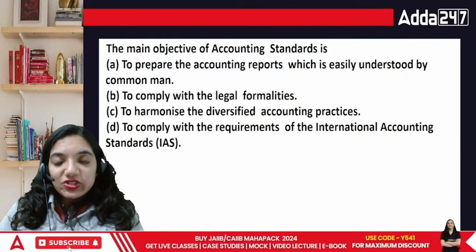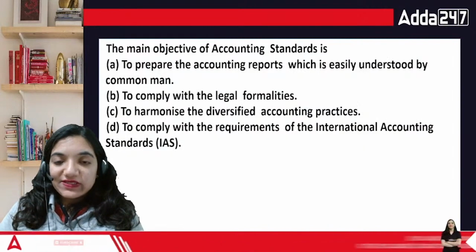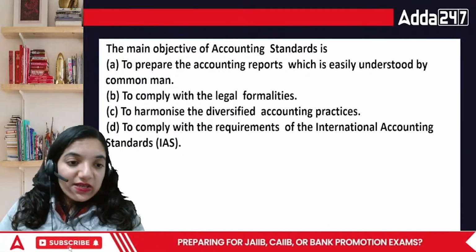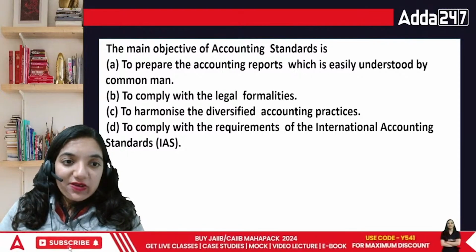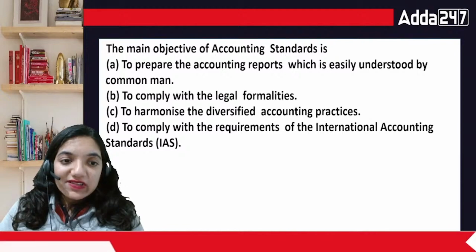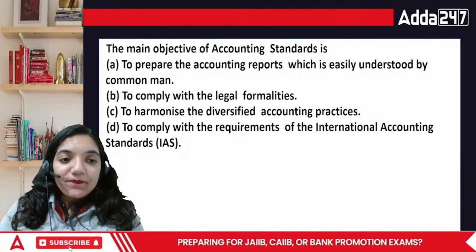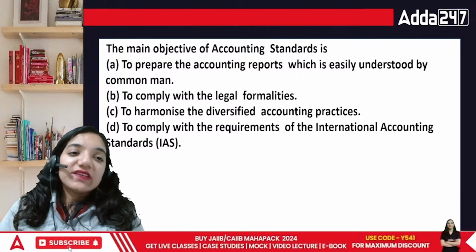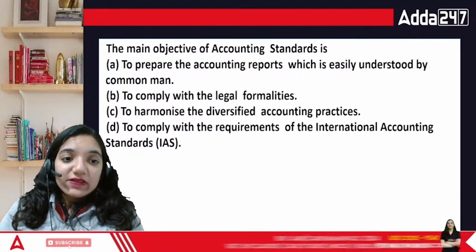Here comes the first question, everyone. This is a question related to the accounting standards. The main objective of the accounting standards is, why do we look forward towards accounting standards, everyone? There's a strong reason why we look forward towards accounting standards. These accounting standards have played a very important role, right?